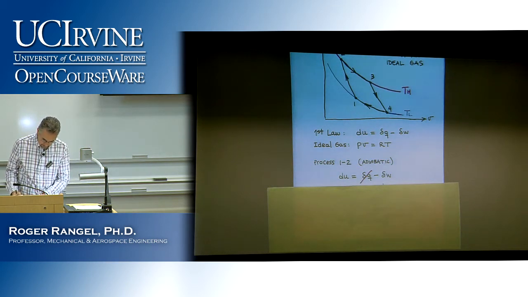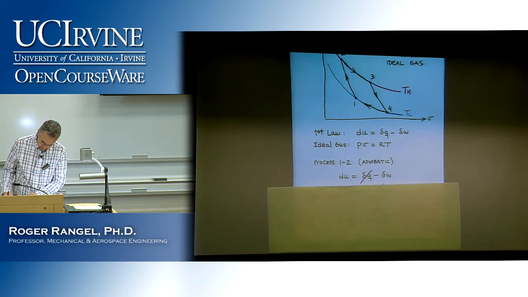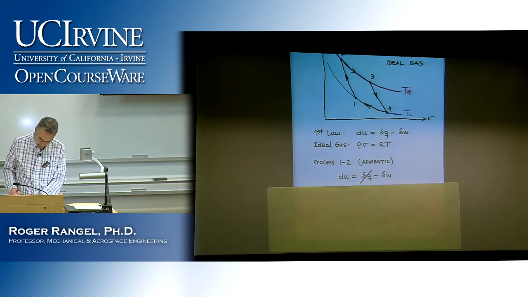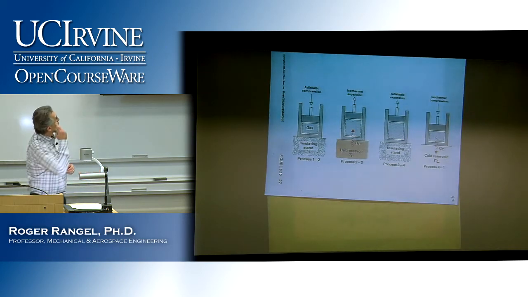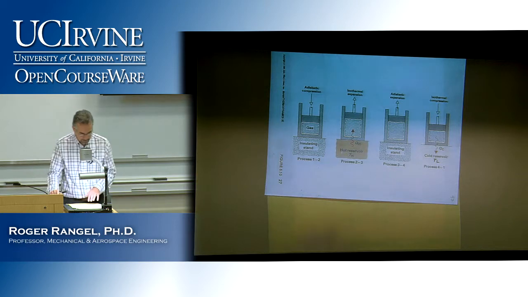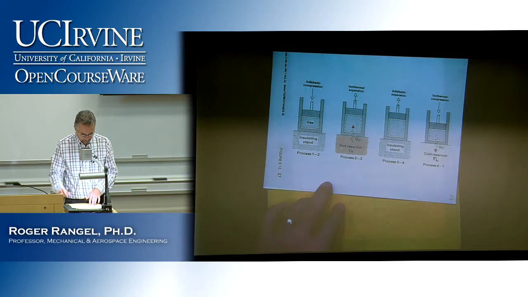Maybe it's not a bad idea to bring it back if I can find it quickly. Here it is. Think about this. It's all happening in this cylinder that we were looking at last time.